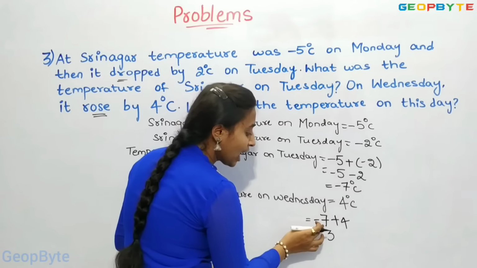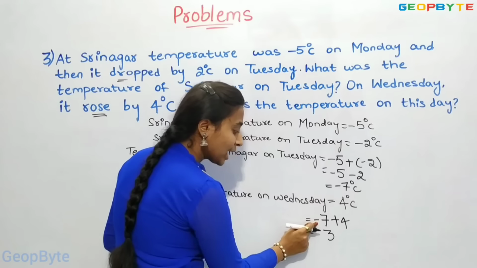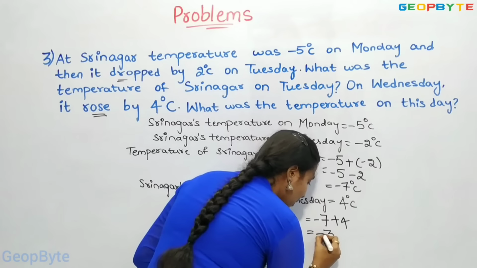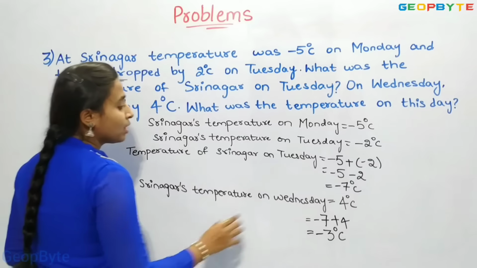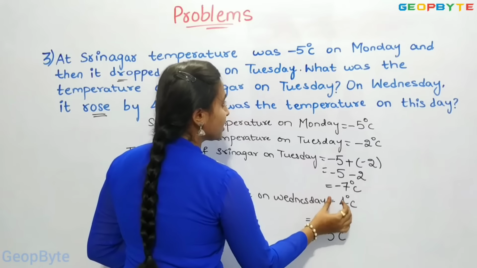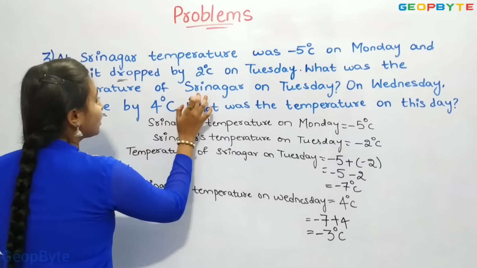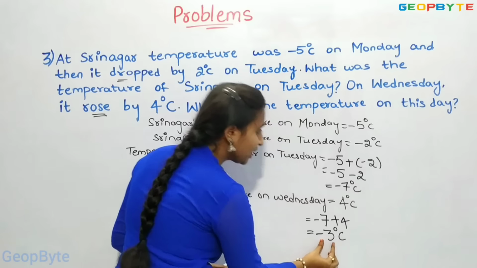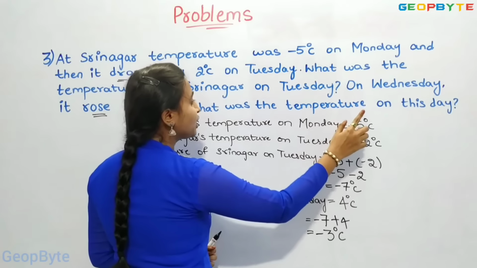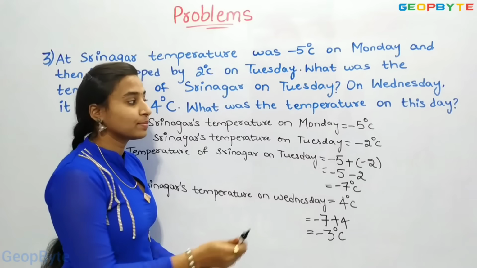What is the sign we have for the larger number? Minus. Let us write minus 3 degrees Celsius. We got minus 7 degrees Celsius, the temperature of Srinagar on Tuesday. And we got minus 3 degrees Celsius, the temperature on Wednesday.